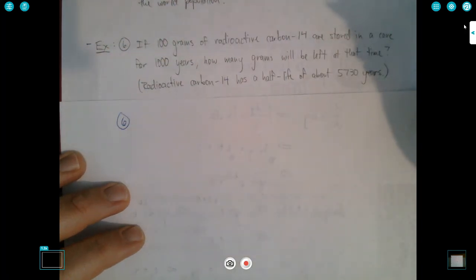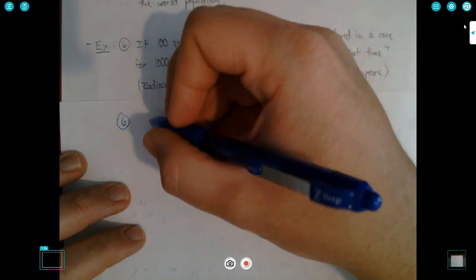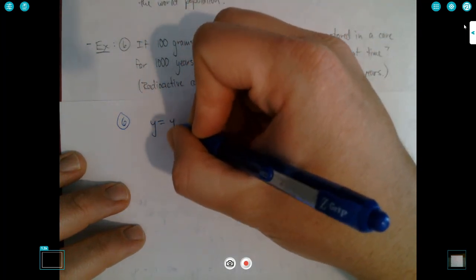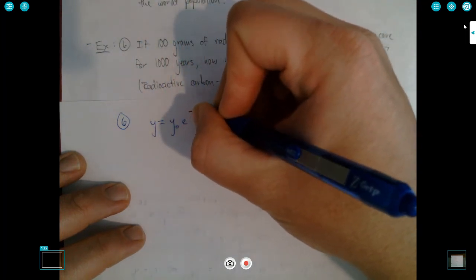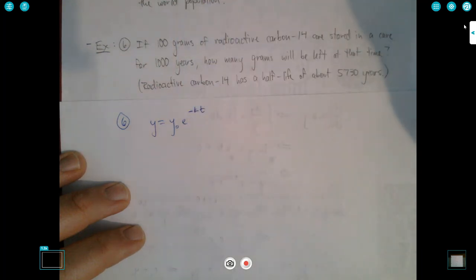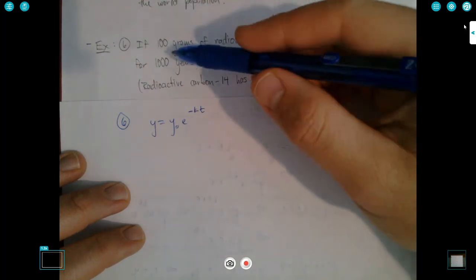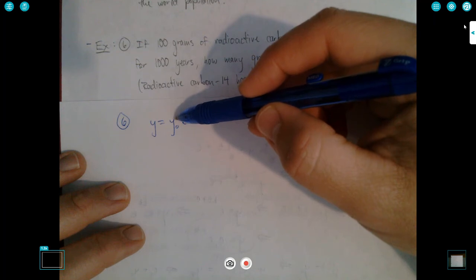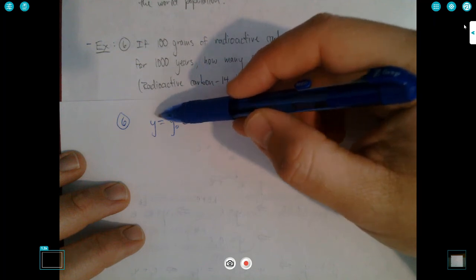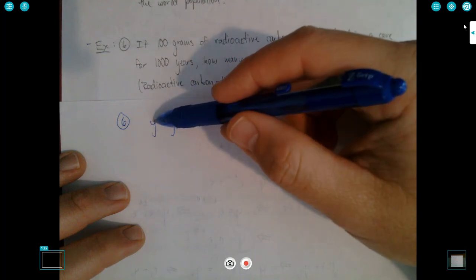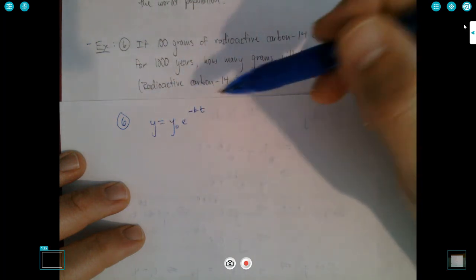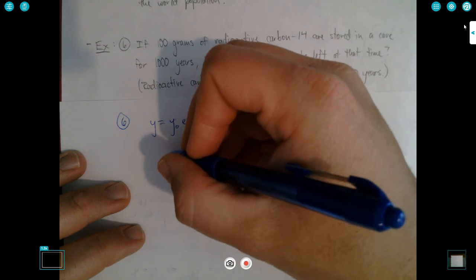Again, I'm going to use my decay model, y equals y naught e to the negative kt. It almost doesn't matter that it's 100 grams that we begin with, because we're going to be left with half that amount. You could put y naught here and then 1/2 y naught there. Since they gave us the 100 grams, we'll use it.